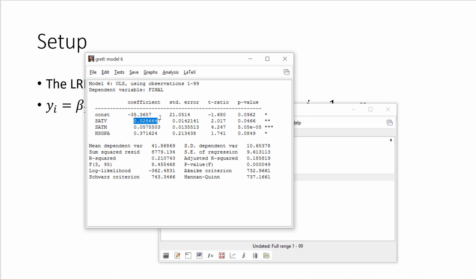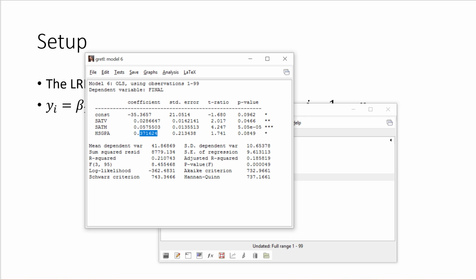And the GPA has a positive effect on the expected result on the final as well, although this coefficient is not really comparable to these other two, as this measures the effect on the expected final given an increase in the GPA by 1 unit.